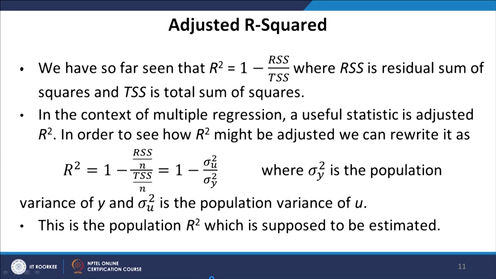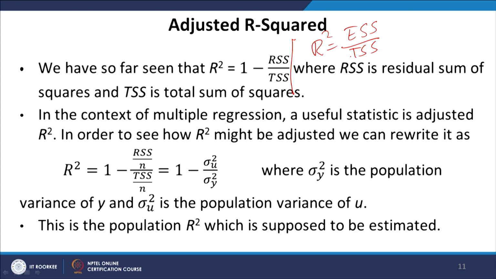So, we have so far seen that R square is defined as 1 minus residual sum of square divided by total sum of square, or R square is explained sum of square divided by total sum of square. In the context of multiple regression, a useful statistic is adjusted R square.